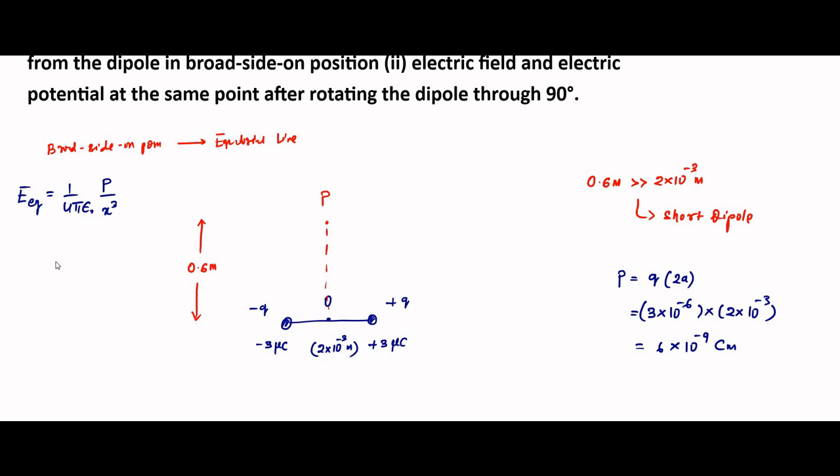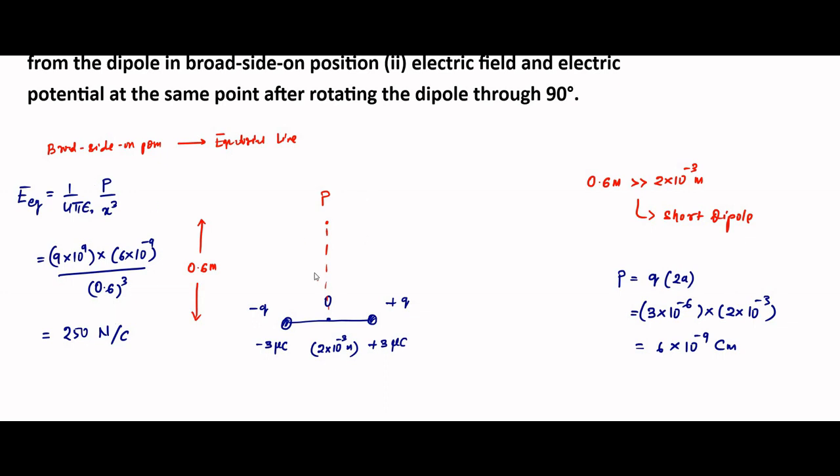So it is 9 into 10 to the power 9, that is 1 by 4 pi epsilon 0, into 6 into 10 to the power minus 9 by x cube, where x, the distance of the point from the midpoint of the dipole, is 0.6 meter, 0.6 cube. So that is coming around 250 Newton per coulomb.